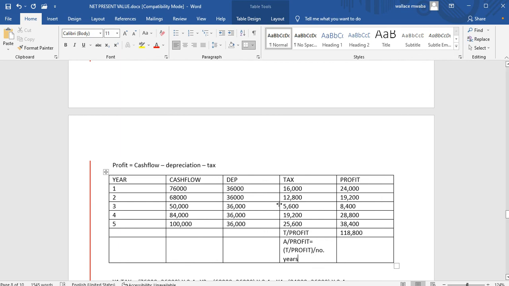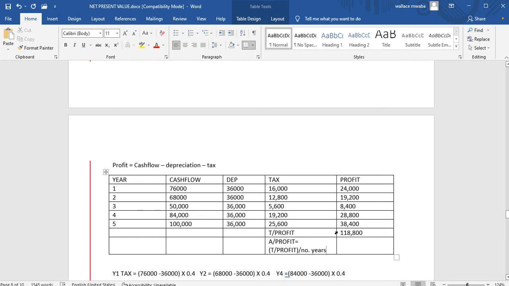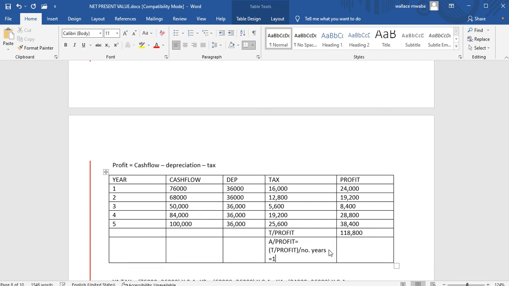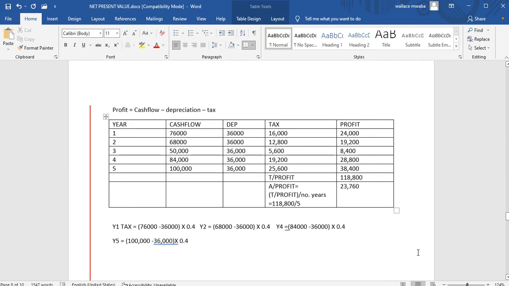So this is going to be 118,800 divided by 5, we get 23,760. This is our average profit.